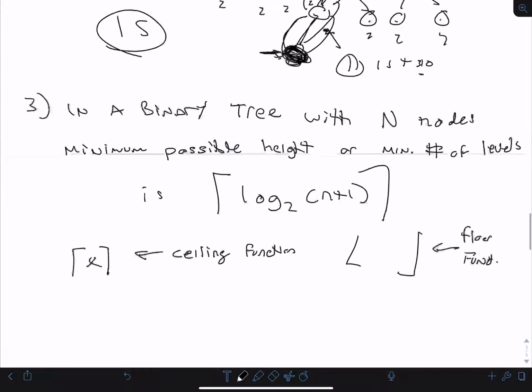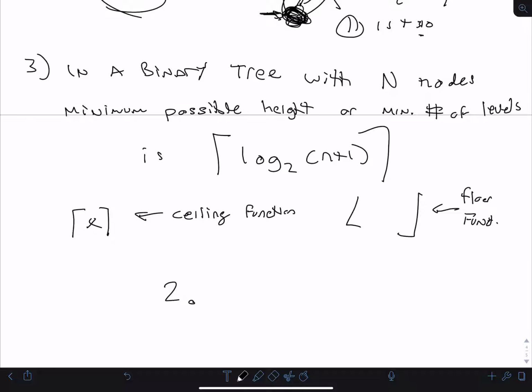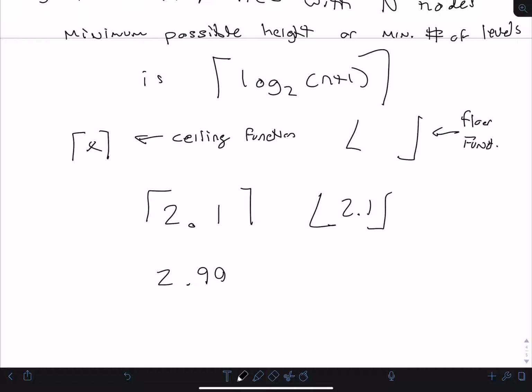So for example, if I have 2.1 with the ceiling, and 2.1 with the floor, and then 2.99 with the ceiling, and 2.99 with the floor. The ceiling means round it up, so this actually becomes 3. The floor rounds it down to 2. This one also becomes 3. This becomes 2.